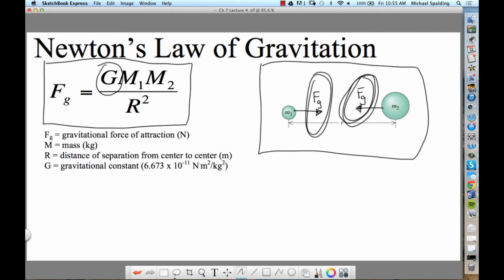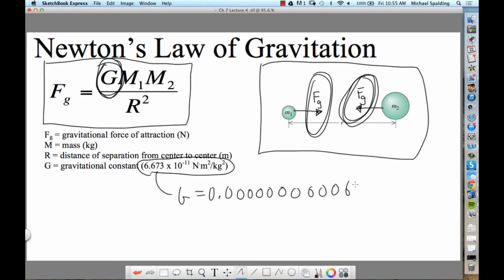Look at this gravitational constant. It's right down here. The gravitational constant, if you write it out, is 0.0000000, I think that's enough zeros, 6673. Is that a big number or a small number? Incredibly small. So, if you look at the equation, because G is so small, what must be true about the masses?